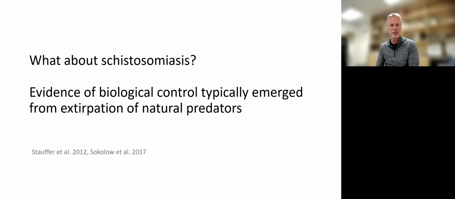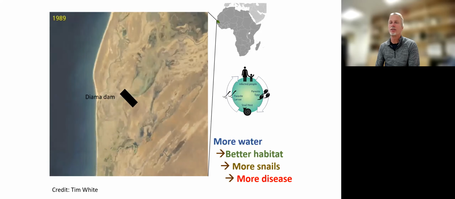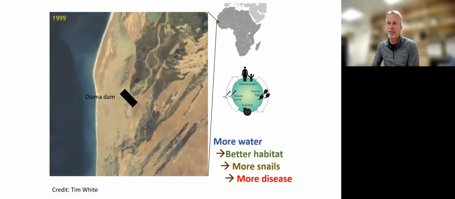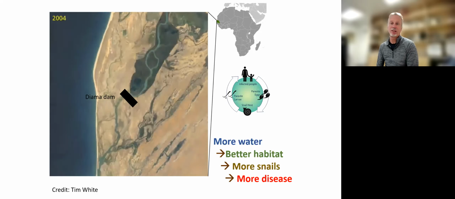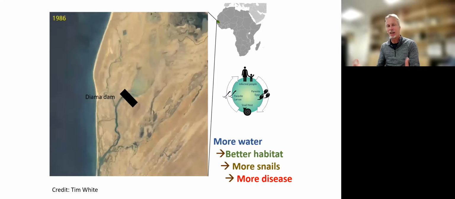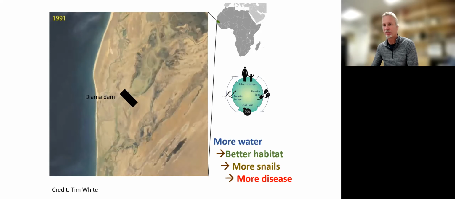And what about schistosomiasis? Evidence of biological control typically emerges from the extirpation of natural predators. I want to show you the case here again in Senegal. You remember in the first part of my seminar, I showed that the construction of the Diama Dam has dramatically changed the landscape, creating better habitat for the snail to thrive.